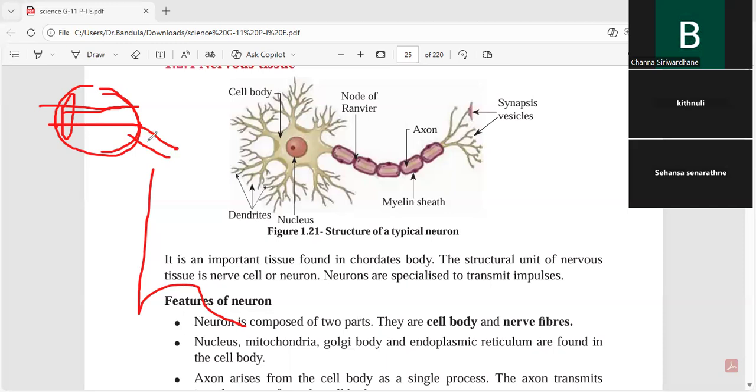Right? Now, we receive signals about the external things in the environment. As an example, if an image of a car is created on the retina, the signal will go through this optic nerve to the brain. Now, which cells are there in the brain?